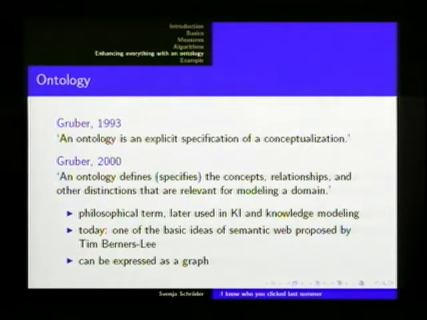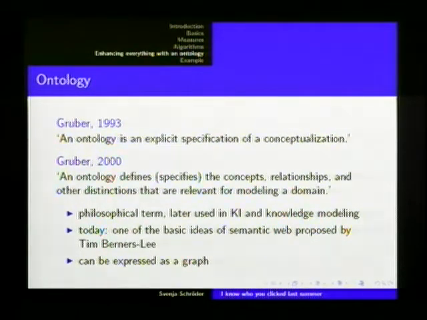Gruber said in 1993 that an ontology is an explicit specification of a conceptualization, which nobody understands, but everybody writes it down. And this is what you cite if you are writing something about ontologies in your scientific paper. It's horrible.